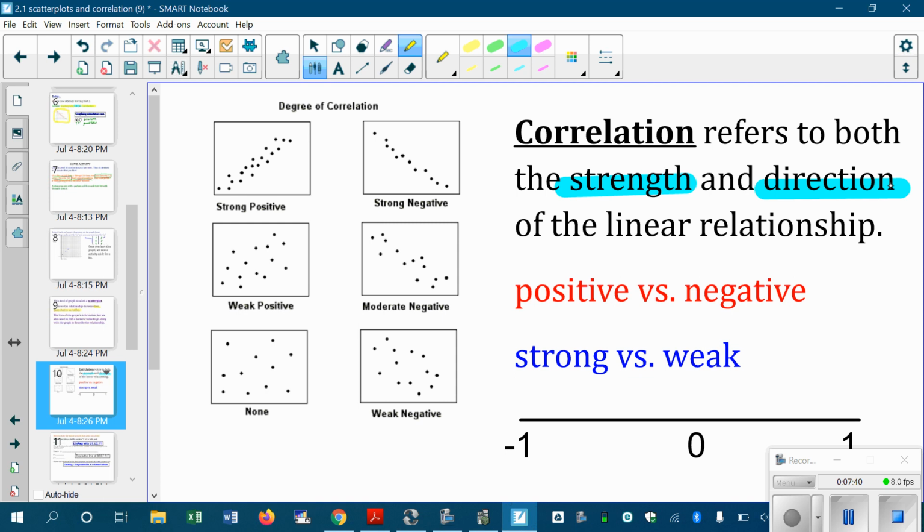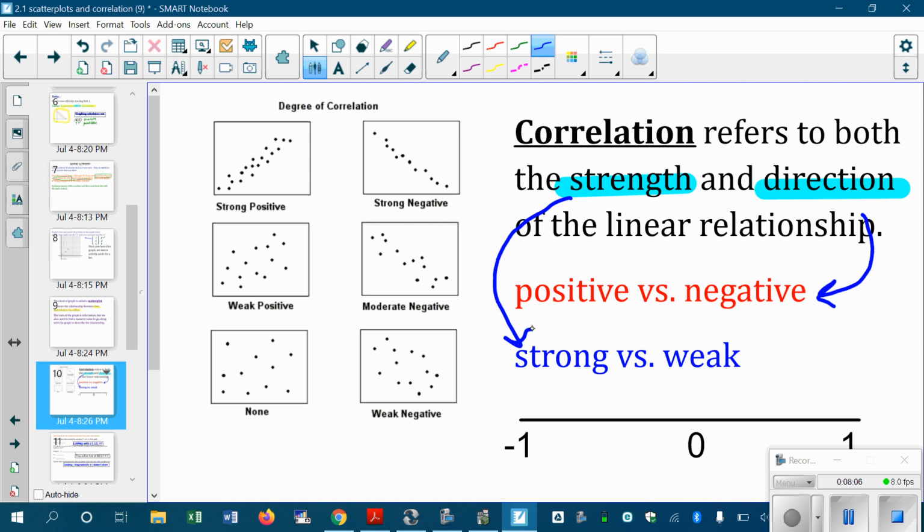So when I say strength, I'm referring to positive versus negative, okay? And when I'm talking, oh no, that's not right. I just said that backwards. I'm sorry. Okay, when I'm talking about direction, I am talking about positive versus negative. And when I'm talking about strength, clearly strength is being strong, or it could be the opposite of that, being weak, okay?